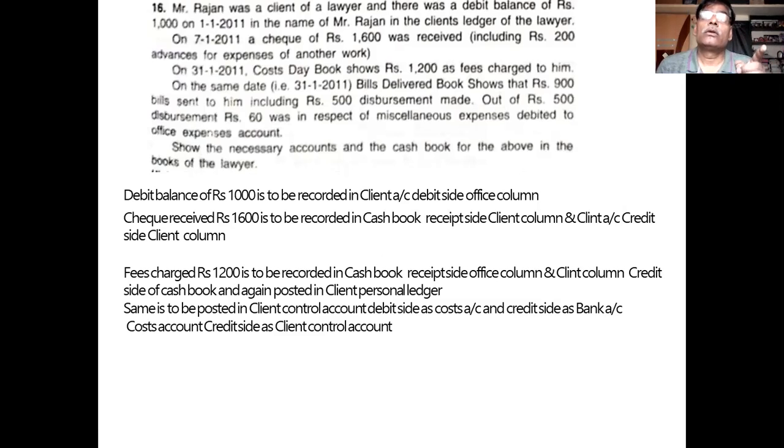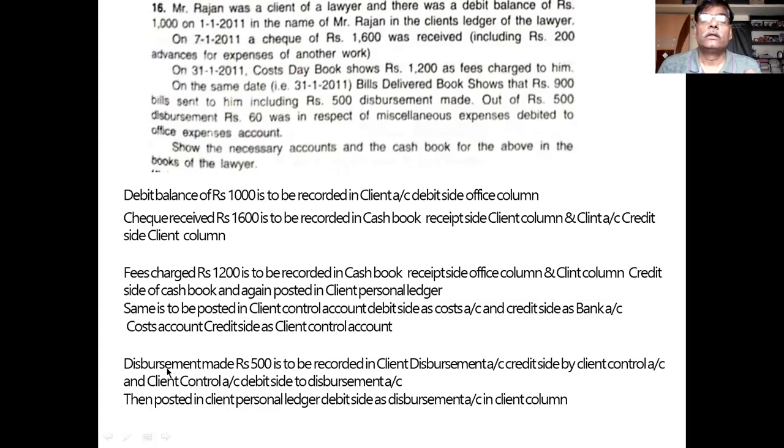The amount is to be taken on the debit side of the control account. Okay, and as a cost, and goes to cost account, and control account credit side as bank, and you have to take as in the client account. These are the steps you have to make.